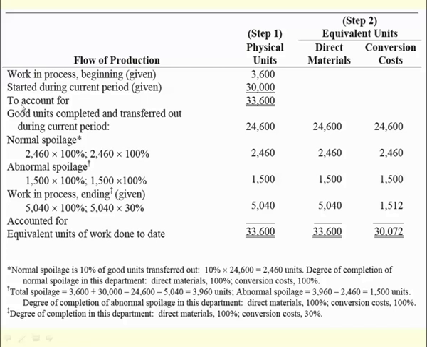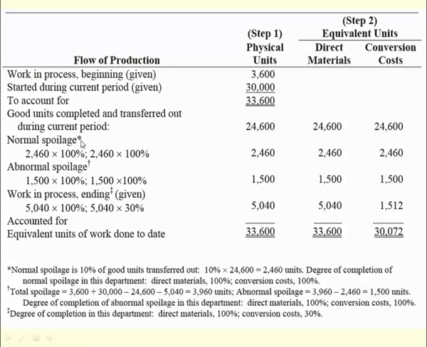So number of units to account for is the sum of 3,600 plus 30,000, which equals 33,600 units. Good units completed and transferred out during current period is 24,600, and it was given, and since they are completed units, they took 100% direct materials and 100% for conversion costs.